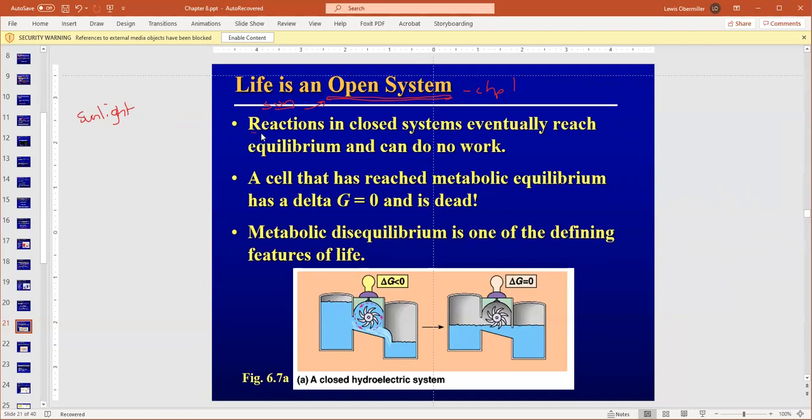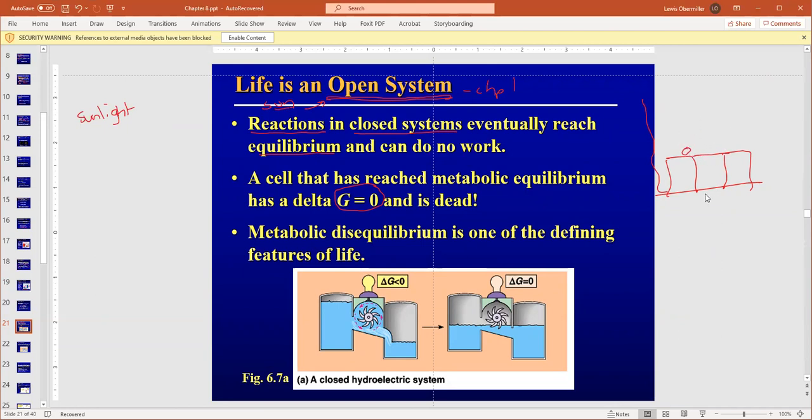So if we put a reaction or a living system in a closed system, eventually it would reach equilibrium. That means that the rate of the forward reaction would equal the rate of the reverse reaction. Think about it like the other graphs that we were looking at. If there's no difference, and we have this rock, there's no energy being input or given off.